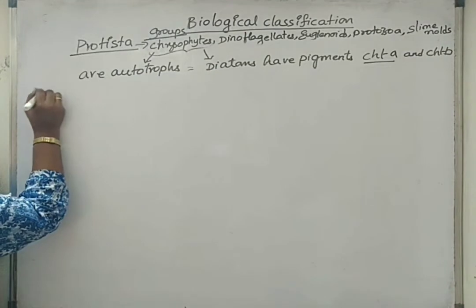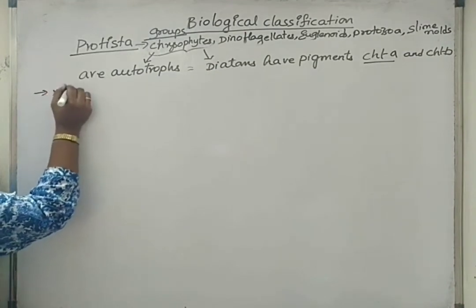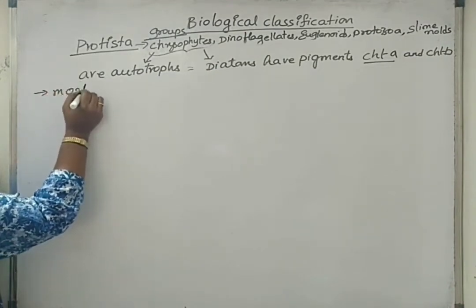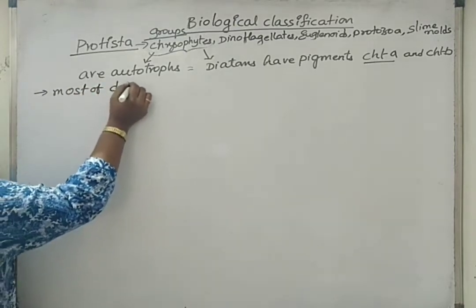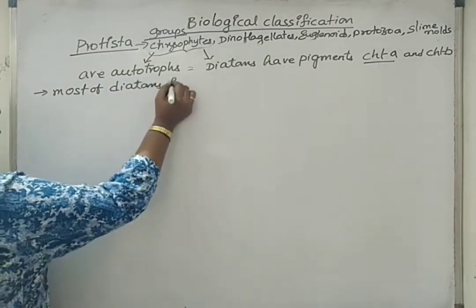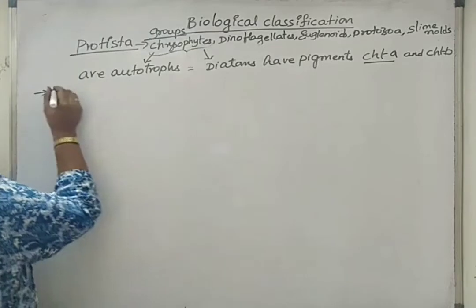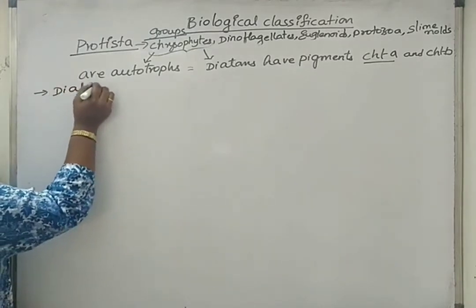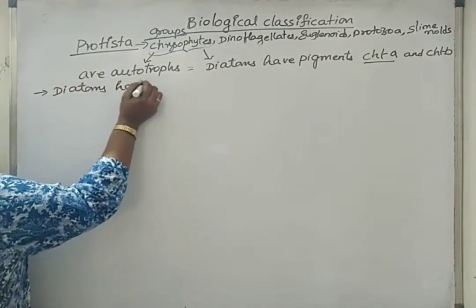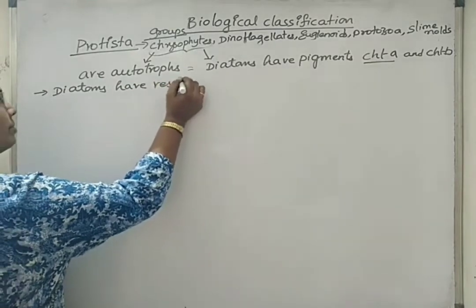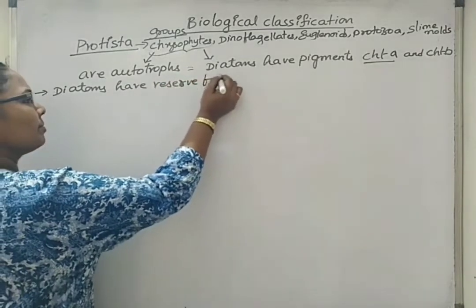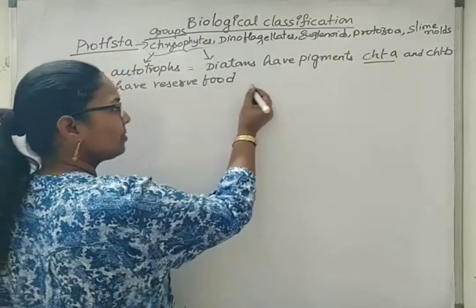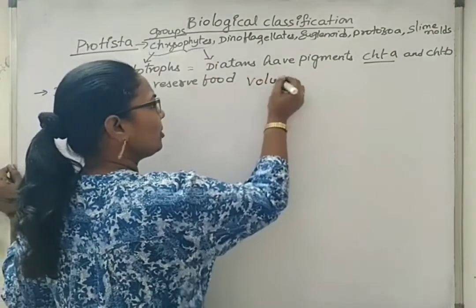Now, diatoms have reserve food, that is volutin granules.